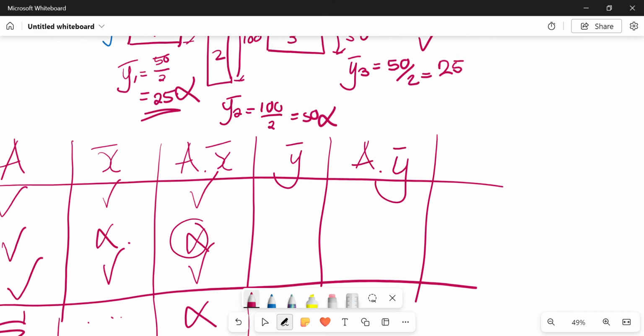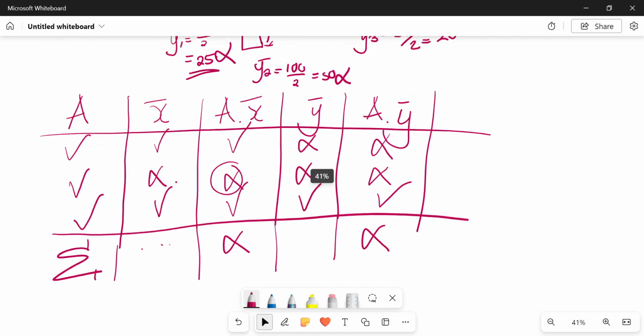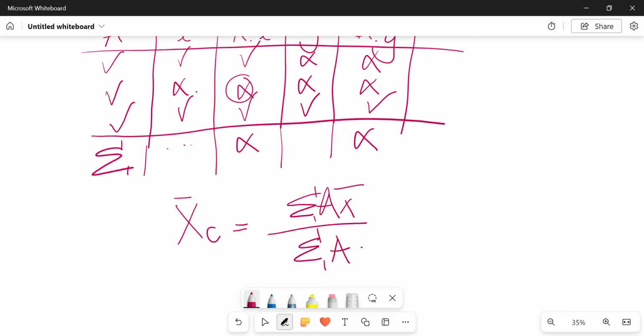Now we're coming to your Y bars, and we said if you're using your method of division, your first one would be incorrect, your second one would be incorrect, only the third one would be correct. This affects your area Y bar 1 and area Y bar 2, only the third one will be correct, and already that affects your total. So when you need to calculate your centroid on the x-axis, it should be the total of your area bar X over the sum of your areas.